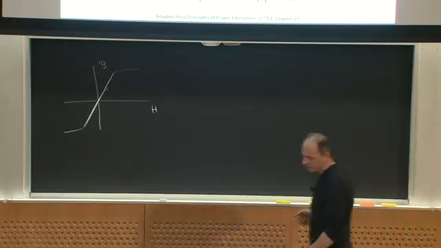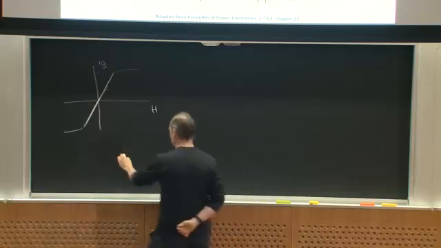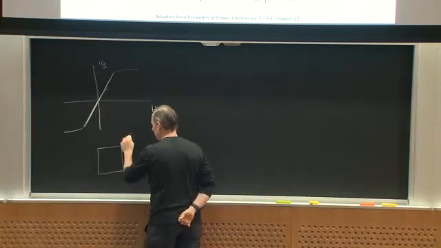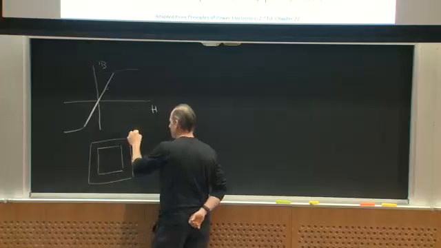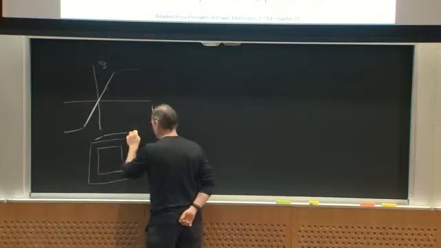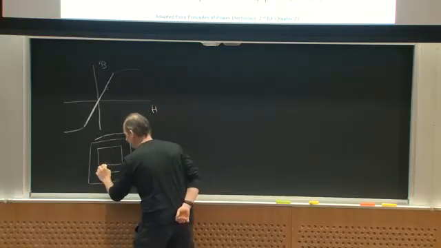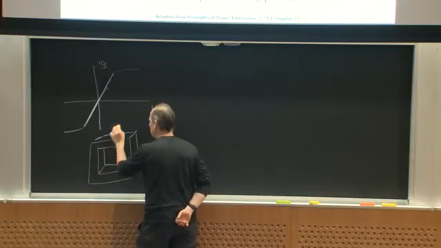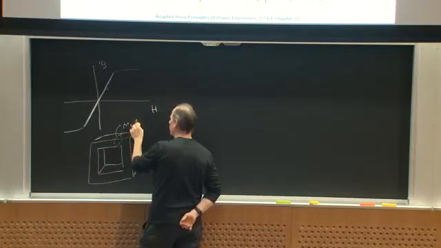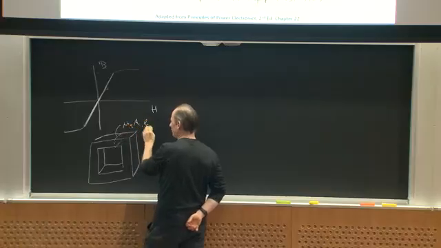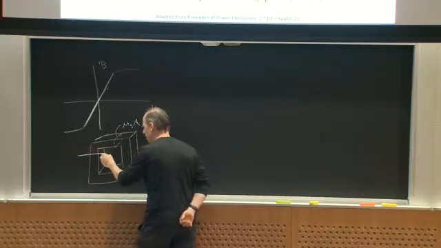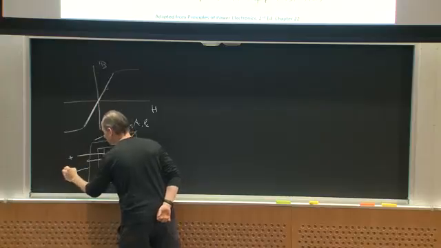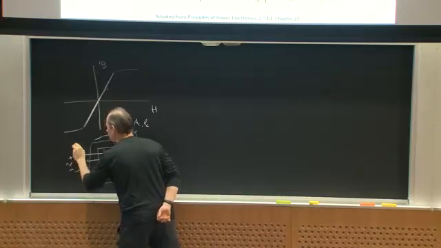So suppose I built a core, and it had some mu of the core, area of the core, length of the core, right? And I put a winding on it. And let me imagine that my winding has no resistance, right?